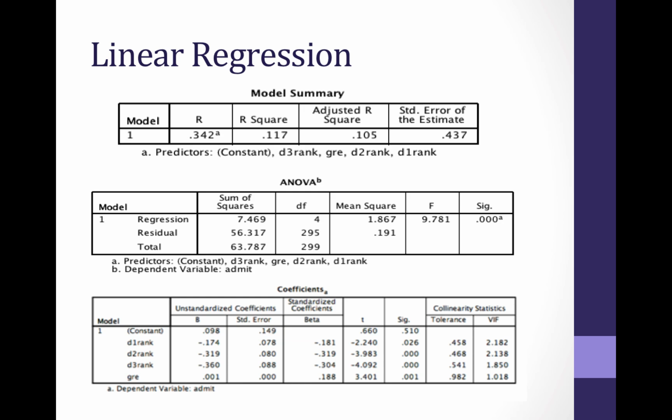We can also look at the VIF and conclude that multicollinearity is not a problem, because when we have collinear predictors, the VIF increases and then the standard error increases. But all of our standard errors here are relatively low.